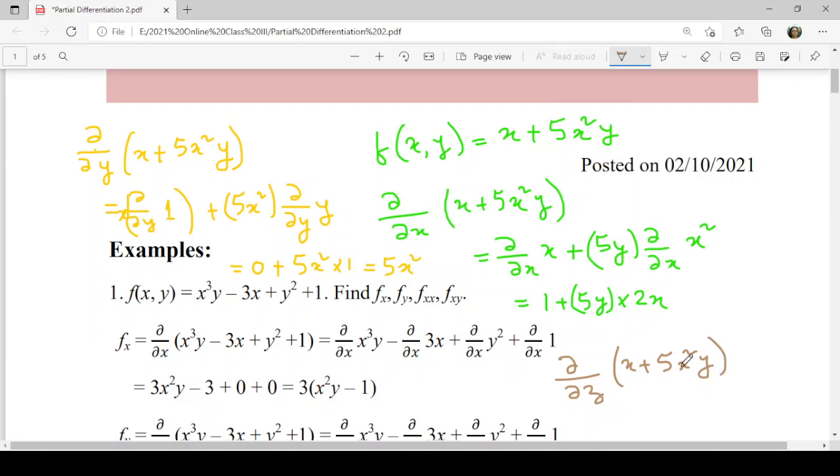But there is no z here, so you don't need to do this. It doesn't have any meaning, because this is not a function of z. So this type of thing you have to ignore. You can't have del del z for this because z is not here. So this is the partial derivative.